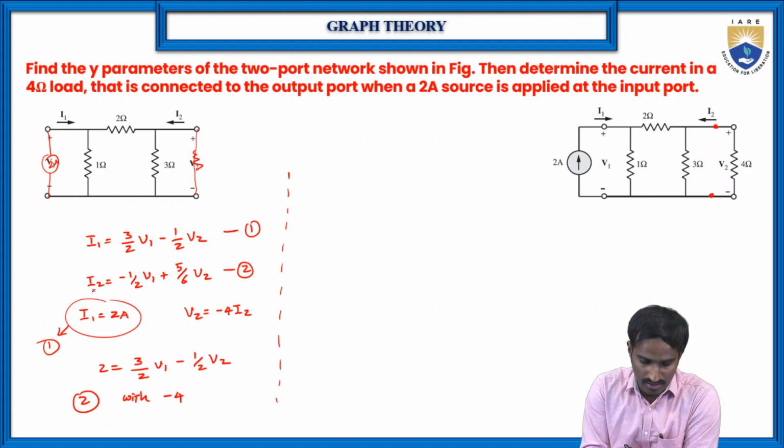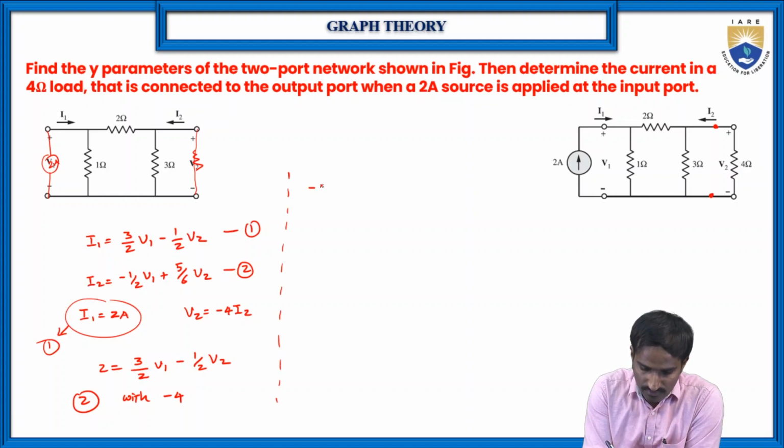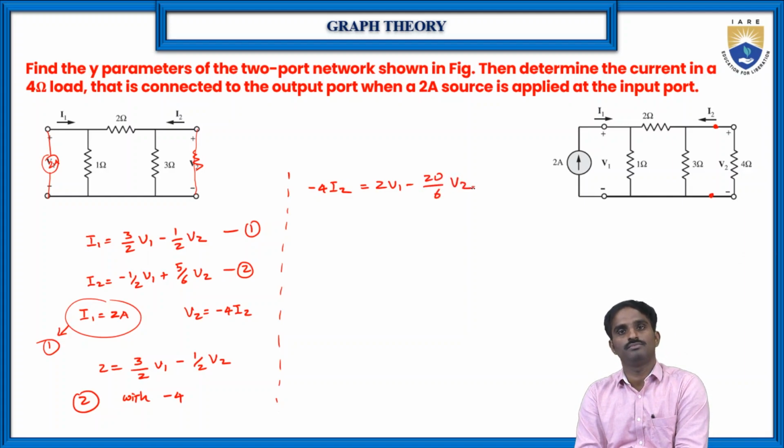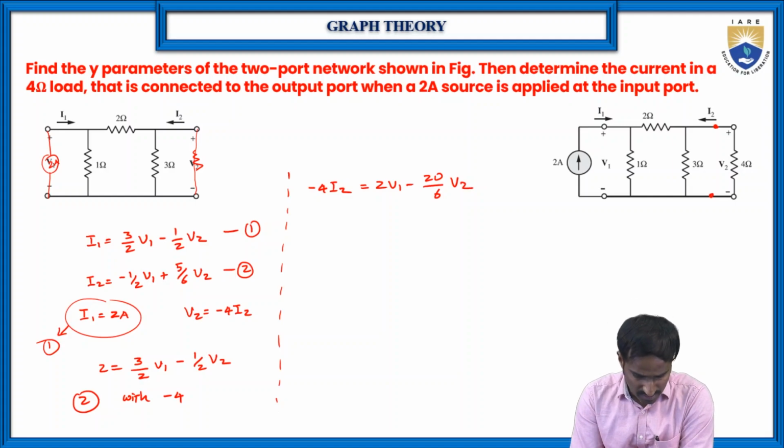So minus 4 I2 is equal to, since this coefficient is minus 1 by 2, the 2 gets cancelled and minus of minus becomes plus, so it becomes 2V1 minus 20 by 6 into V2. Let me consider this equation number 3.